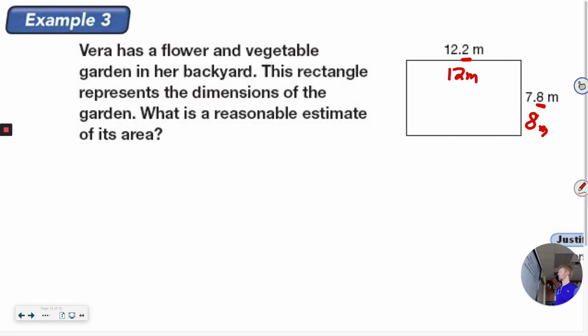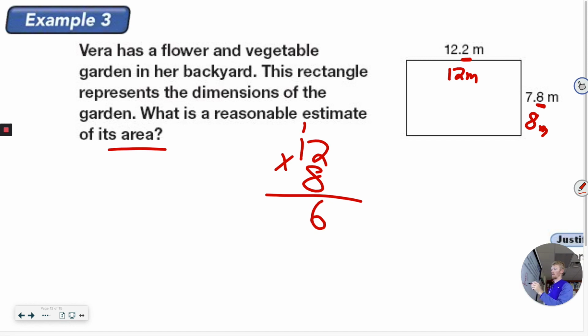So now what am I looking for? Area, reasonable estimate for the area. Well, area is length times width, so I do 12 times 8. 8 times 2 is 16. 8 times 1 is 8, plus 1 is 9, so 96 meters squared because it's area.